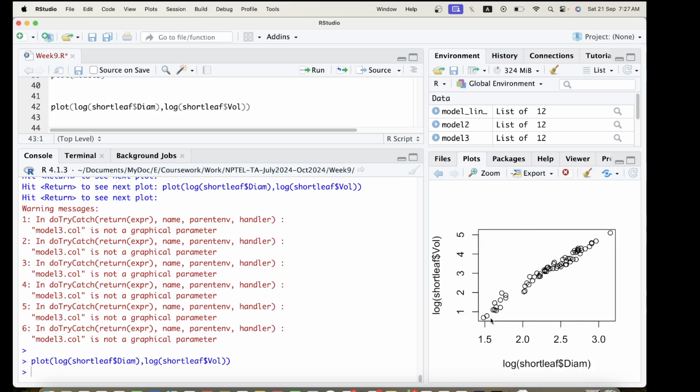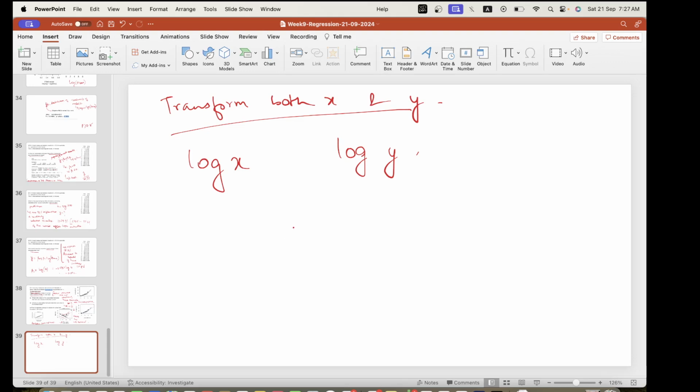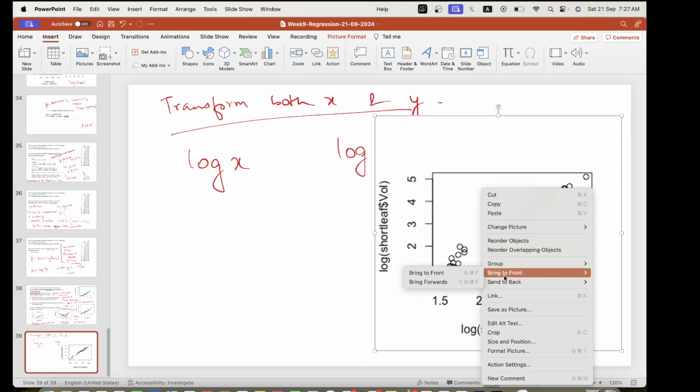See, now using this log-log transformation, this one looks like it has become a little straight. I mean, the linear relationship is now a little bit visible.